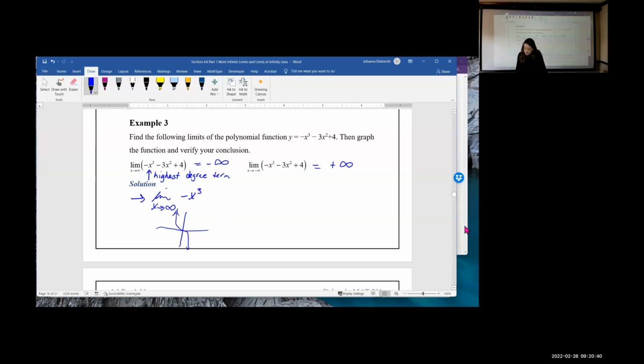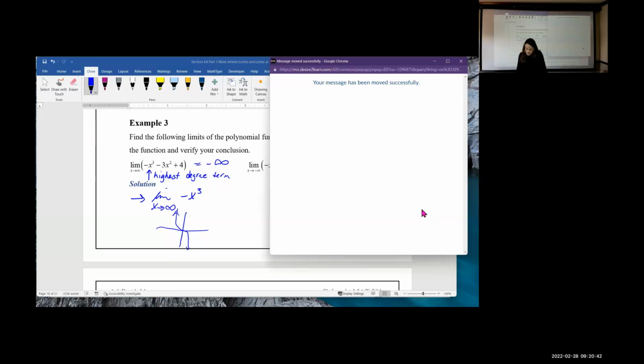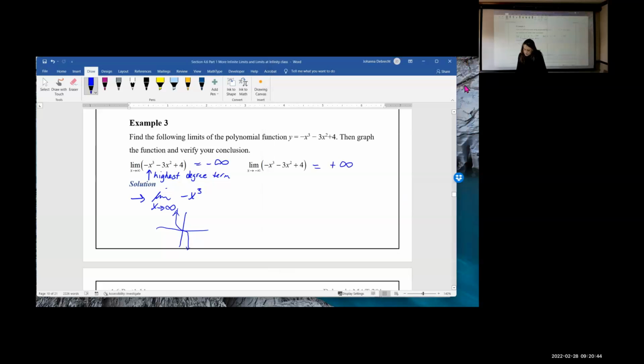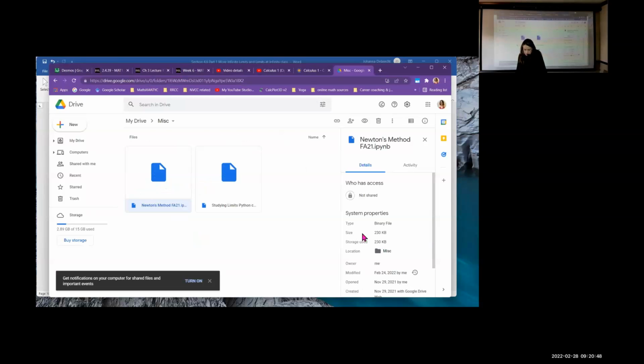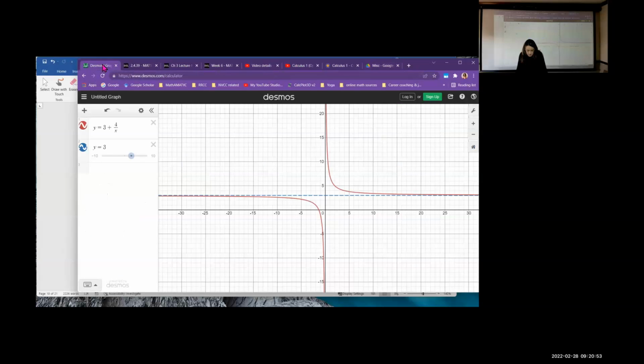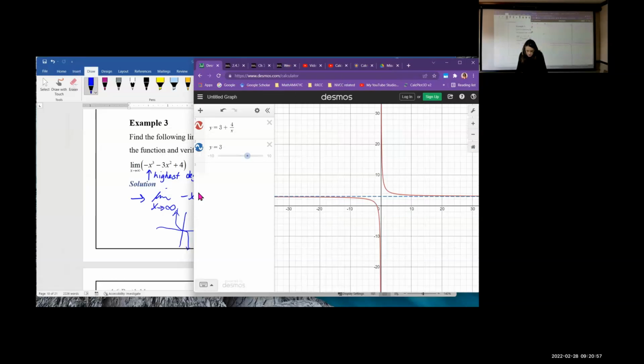Let's take a look at this graph on Desmos. Let's see if I can get Desmos to come up. All right, move this over here. And we are looking at that function right there.